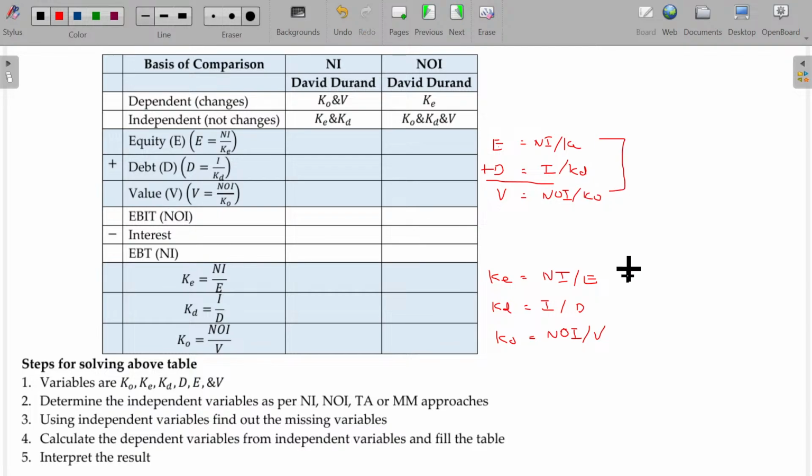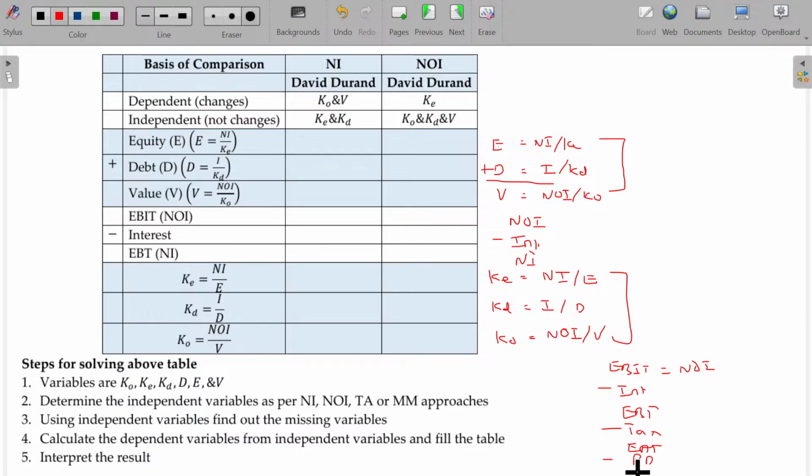So three lines in between here: NOI minus interest, then you will get EBT. EBT minus tax, you will get EAT.